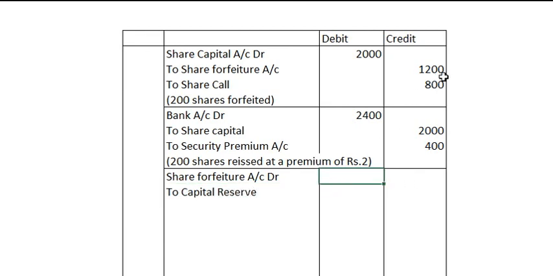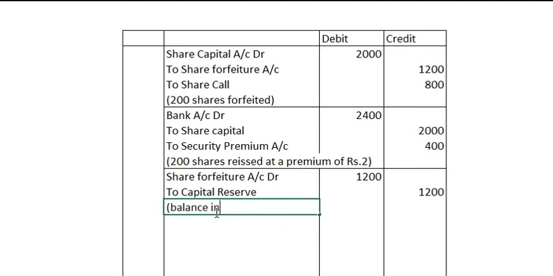The balance in the share forfeiture account is 1,200, and 1,200 is to be transferred to the Capital Reserve Account. Narration: balance in forfeiture account transferred.